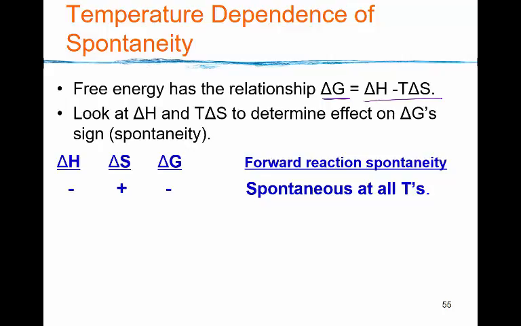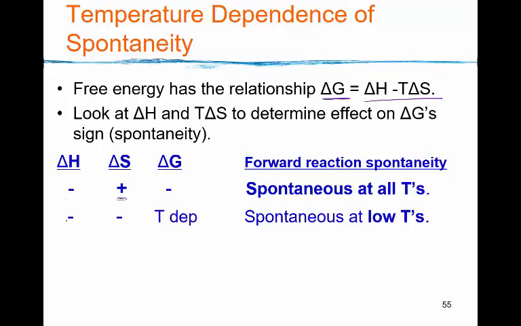So it's small. Okay? So the delta H is negative, the delta S is positive, so the delta G is negative. It's not always true. That's why we have to know what it is. That is going to be spontaneous at all temperatures. Okay? So if you have minus plus minus, it's spontaneous no matter what the temperature is.